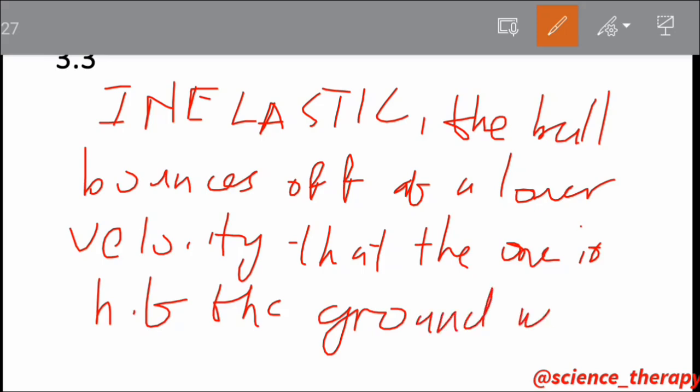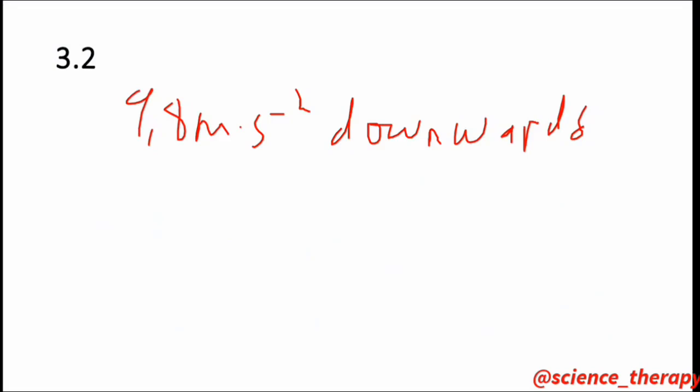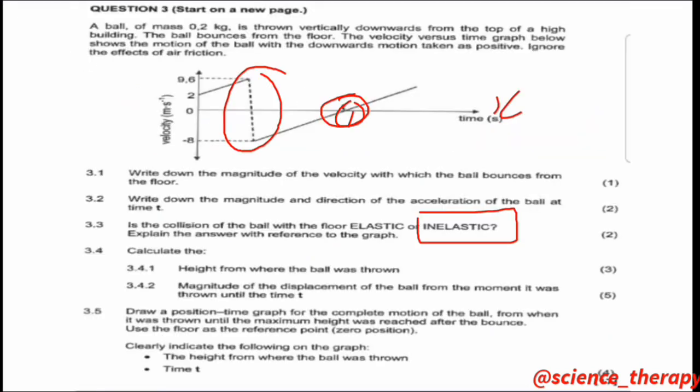So inelastic, the ball bounces off at a velocity that is lower than the one it hit the ground with. So we say that's an inelastic collision. Remember, inelastic collision is where we have a loss of kinetic energy. So because of that loss of kinetic energy, even the velocity that it bounces off with will be lower than the one it hit the ground with.